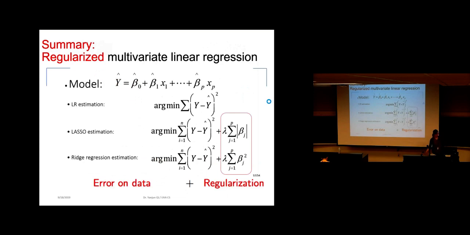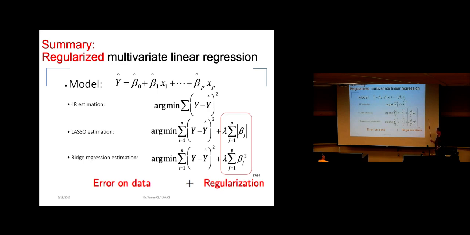All right, so let's just now summarize. What have we learned in the regression with regularization so far? We have the basic model, the ordinary least square solution, and the lasso solution, and the ridge regression solution, and of course the elastic net solution, which we just covered.